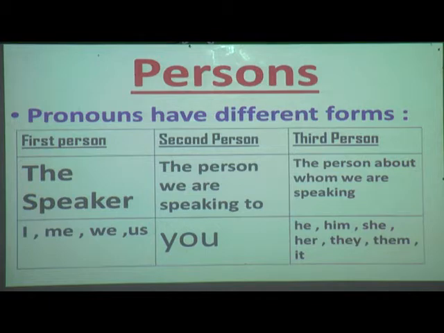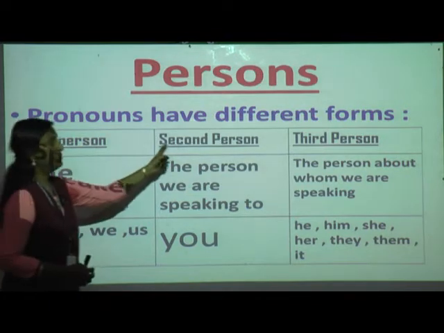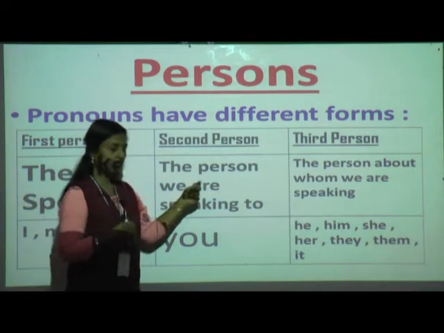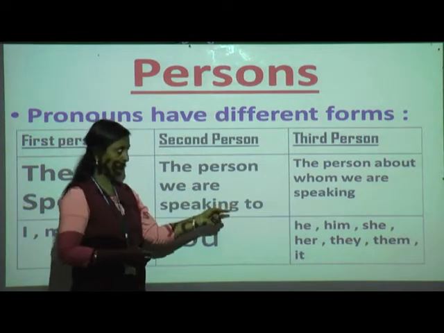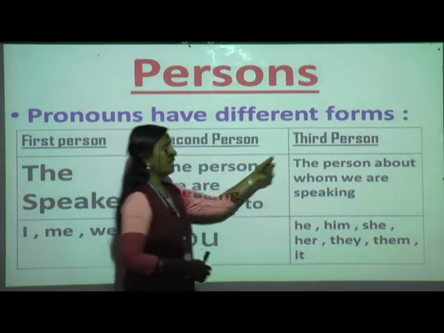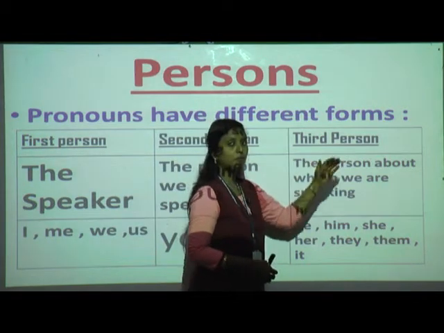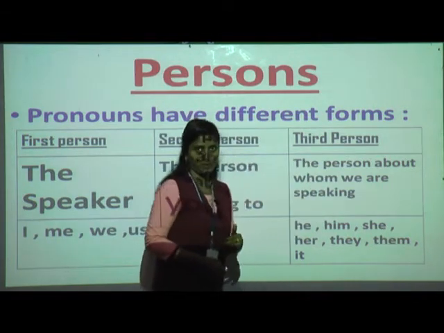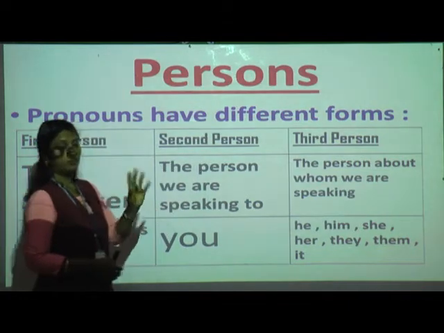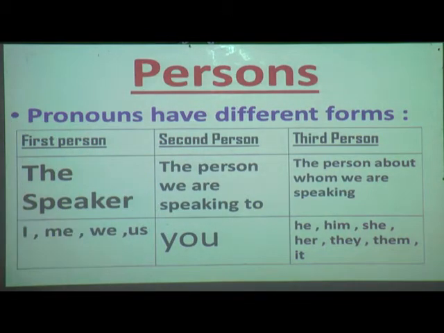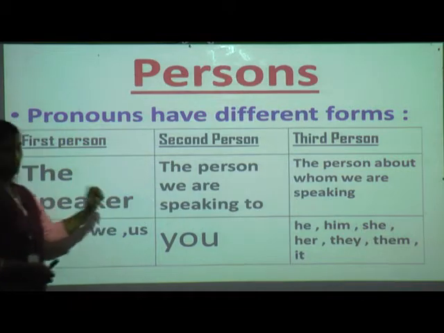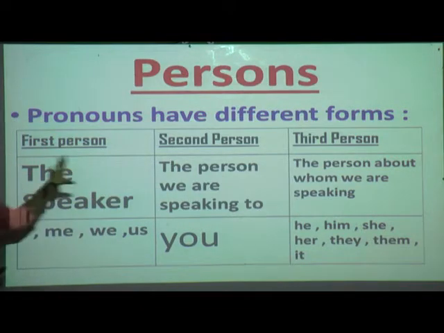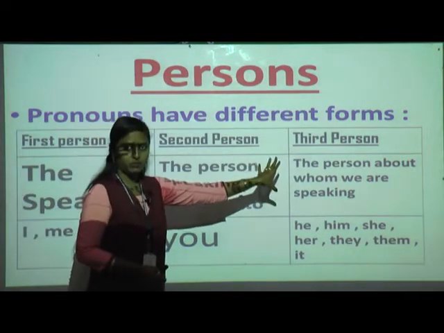Understood, students? First person means the speaker, second person means the person we are speaking to, and third person is the person about whom we are speaking. Maybe that third person is not here, he is absent, and I am asking the second person about him. So, understood what is first person, second person and third person?